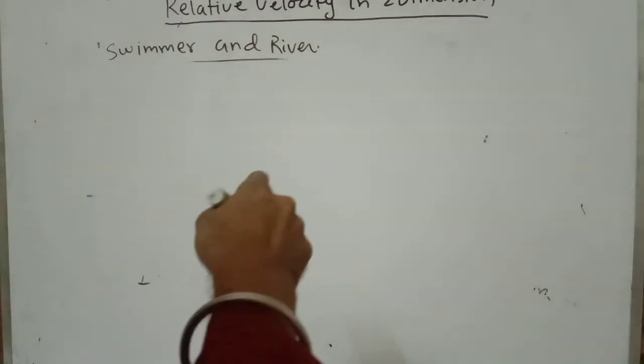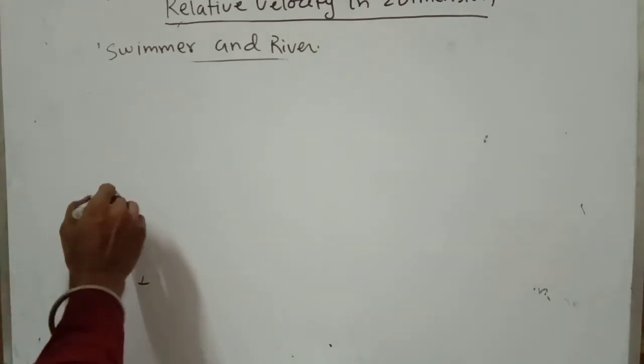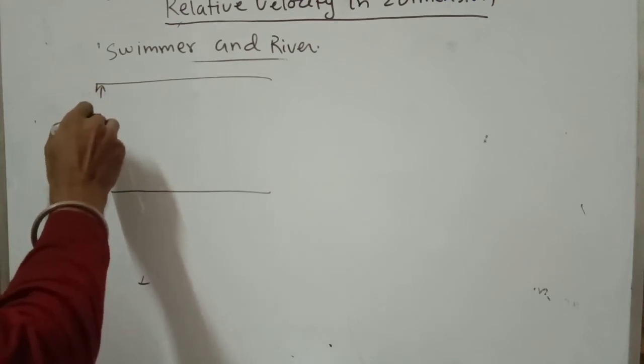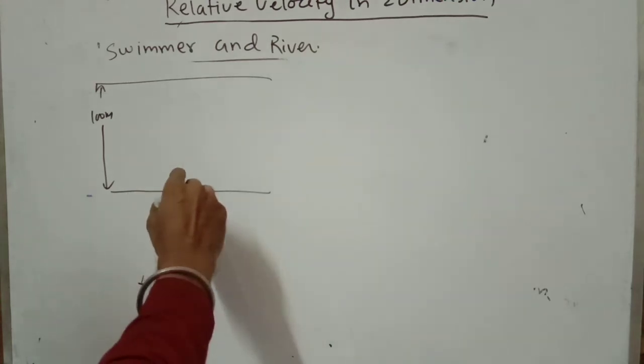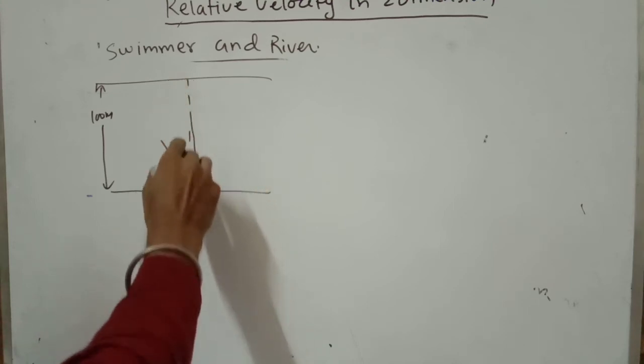Next question of the swimmer and river, we are going to discuss. Let me consider again a river, a width of, let's consider, 100 meter. Let me consider the velocity of the swimmer 3 km/h at angle theta with the straight line.